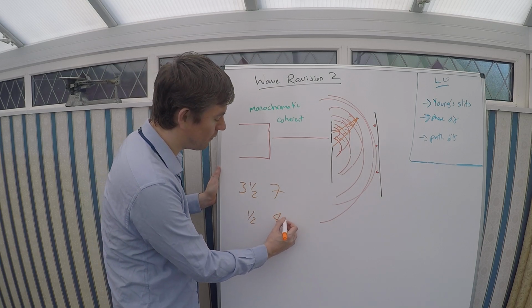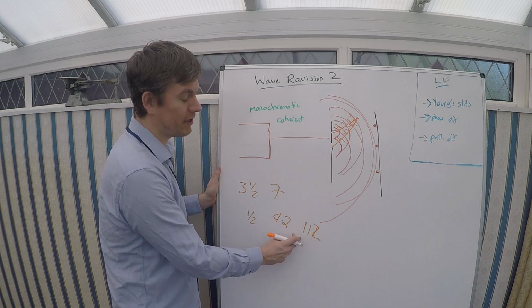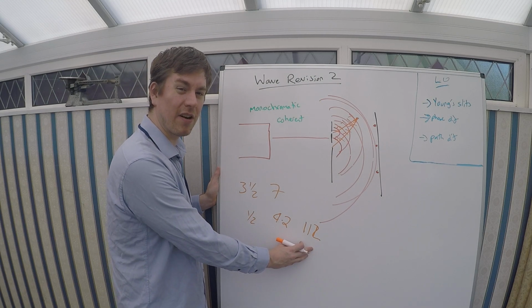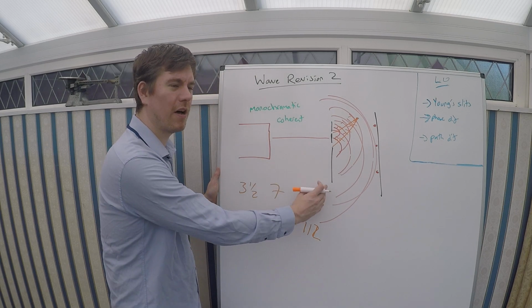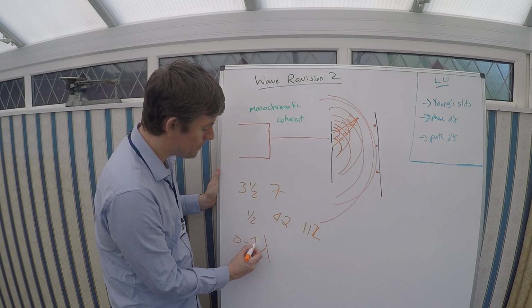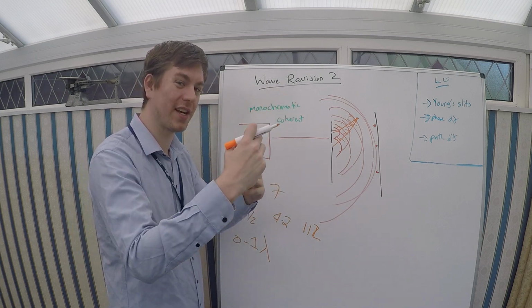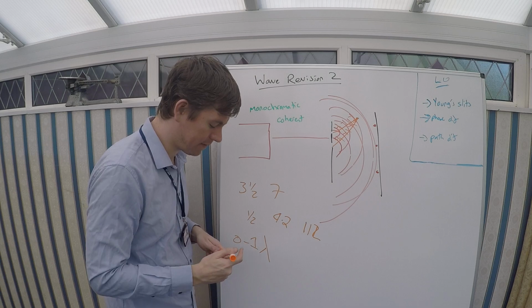If one of them had done 4.2 and the other had done 112, they'd have a path difference of 0.2, because this has done 4 full cycles and a little bit, this has done 112 cycles, so they'd still be a little bit out. So that's what path difference is. It's expressed between 0 and 1 wavelength, because if you go more than 1, you've gone through one cycle, you're back to the beginning again. So that's how we describe path difference.